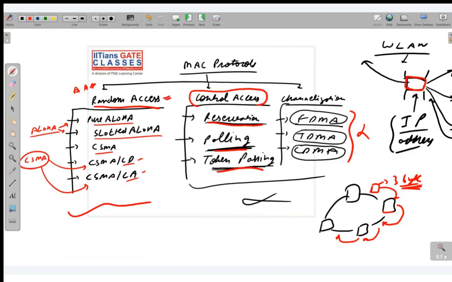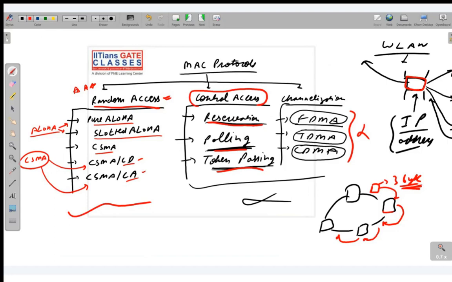Please write down these points. These are very important. First point: no station is superior to another, just like boss and employee, and none is assigned the control over the other.